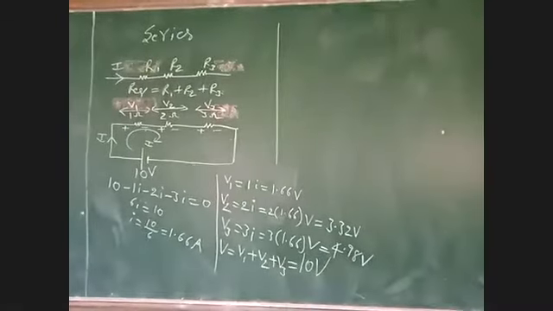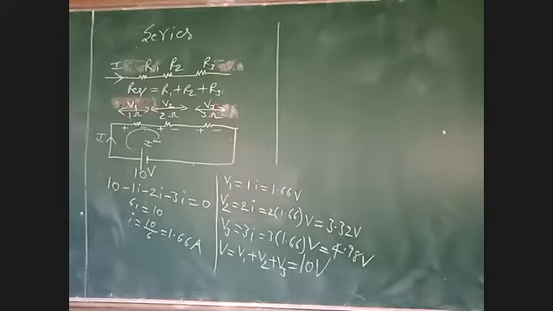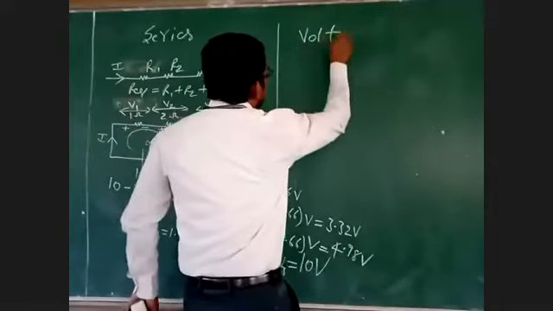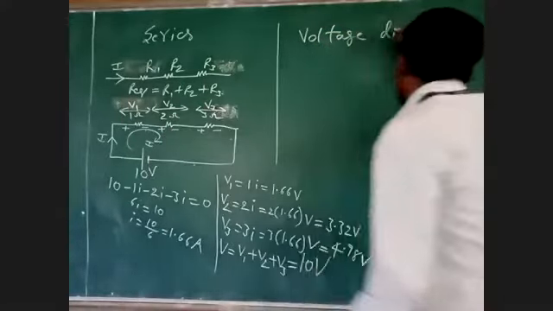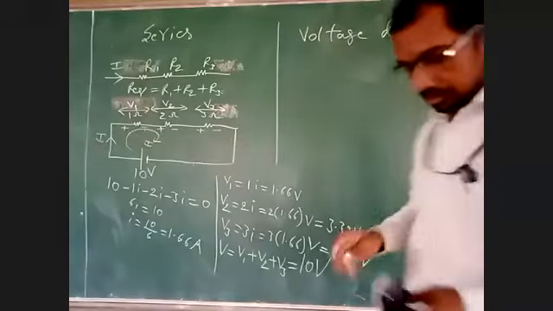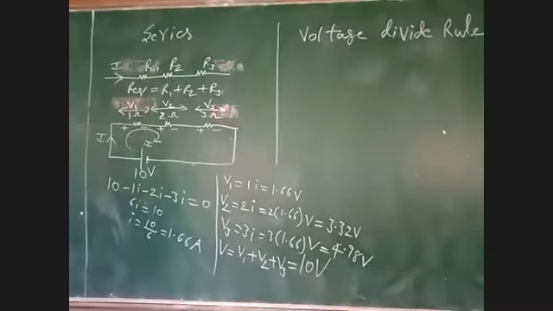Write down the side heading: voltage divider rule. In series, voltage will be divided. That's why you apply voltage divider in series. Current is the same in series, only voltages are different. That's why in series we apply the voltage divider rule.